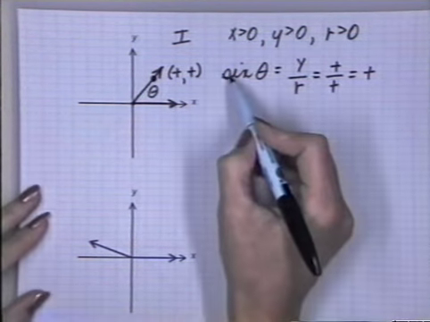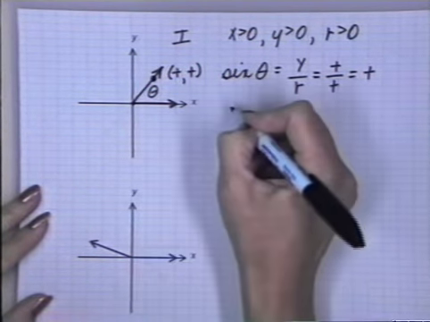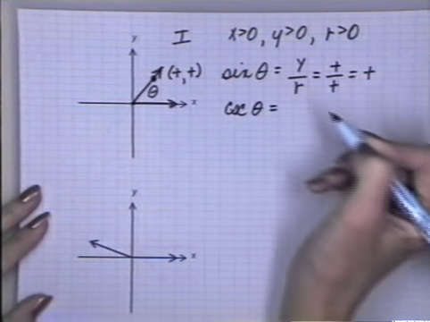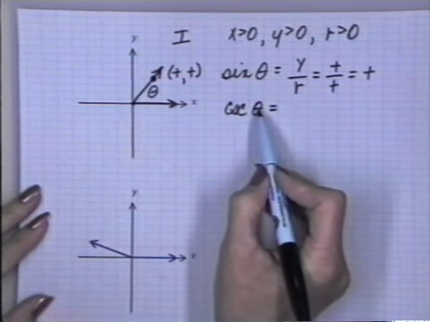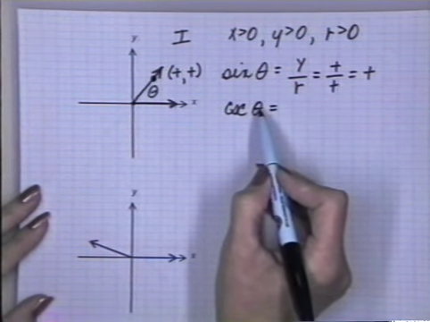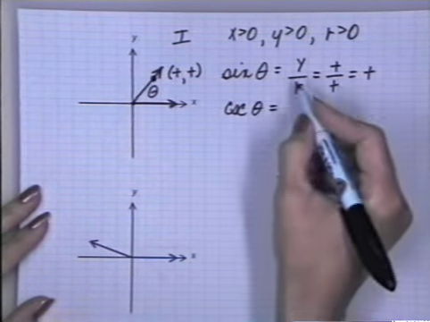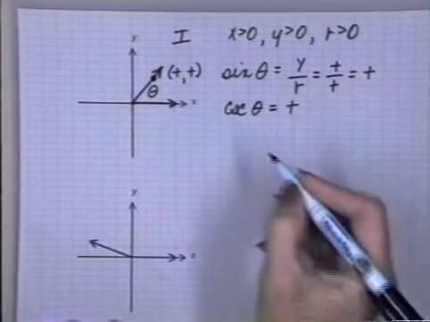So the sine of any first quadrant angle will be a positive number, and because reciprocals have the same sign, the cosecant of an angle whose terminal side is in the first quadrant will also be positive because it's the reciprocal of the sine function.